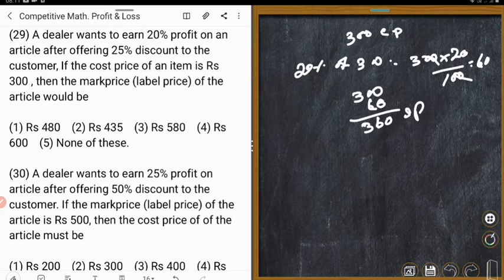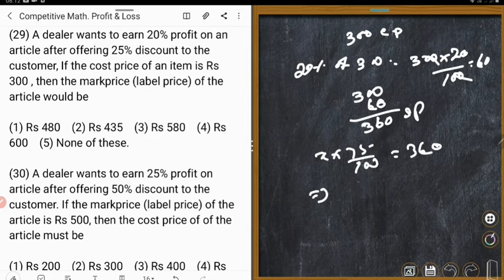Could you understand? After allowing 25% discount, that means it is 75% of MRP. Because 25% discount has been given, this is 75% of the MRP. Let's take MRP is equal to X. Its 75% is equal to 360.